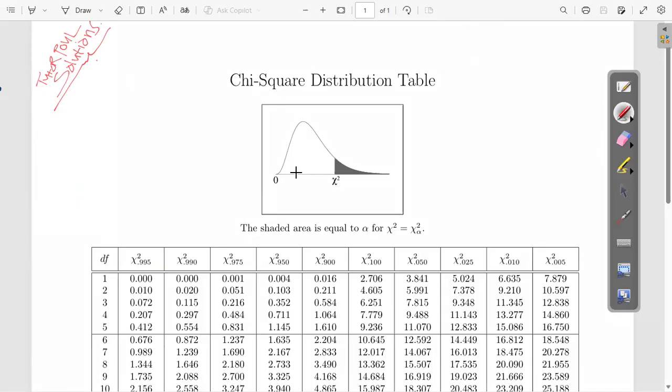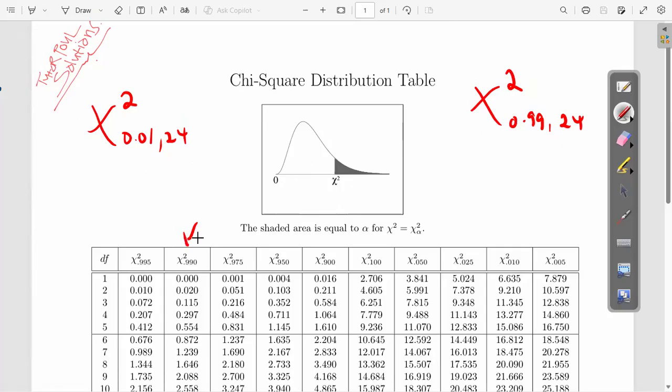Okay, so let's go to the table and get this guy. This is the chi distribution table. So remember, I'm looking for chi squared at 0.01, comma 24, and chi squared at 0.99, comma 24. So where is the 0.99?